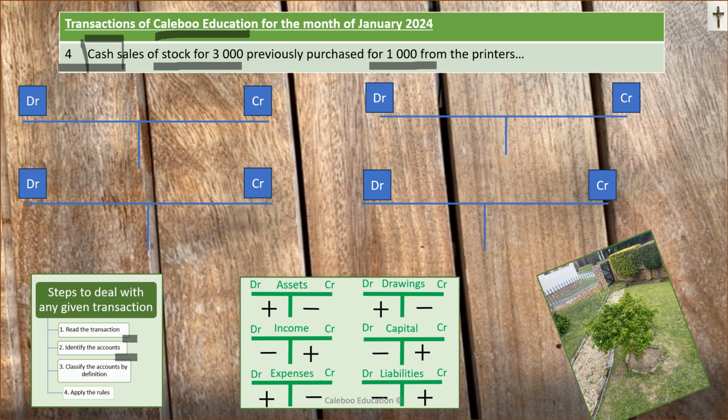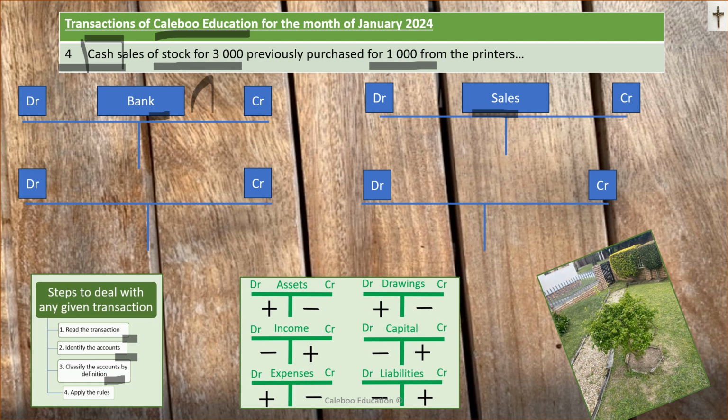So let's have a look at how we're going to deal with this in our T accounts. So we identified the accounts involved. Cash, one account is bank, and the other account when we record a sale is sales. Now we need to classify these accounts.